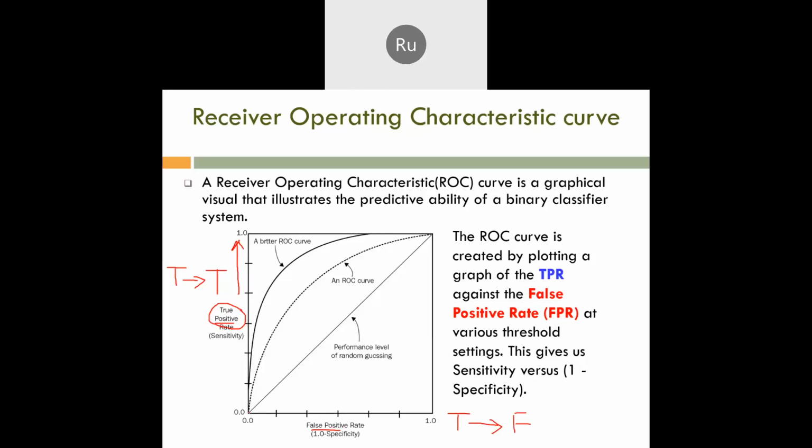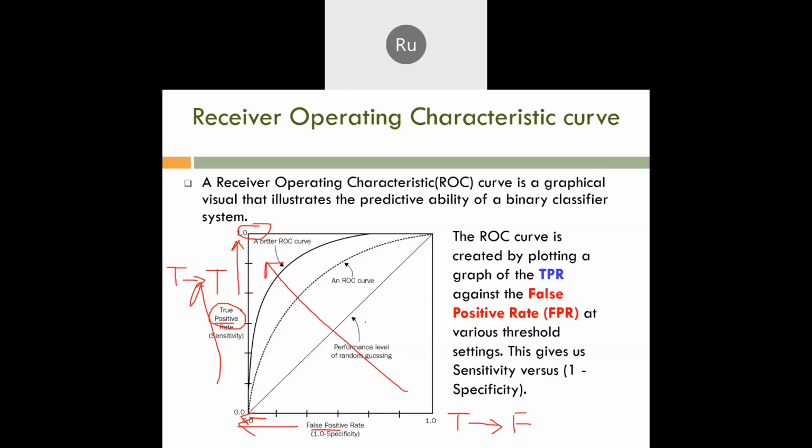So if you are here and then you're going up, that means you have better performance over here, right? You want to reduce this, and you want to maximize this area. So you have to go from the end here going here. So maximize the area under the curve. The bigger the area we have, the better it is.